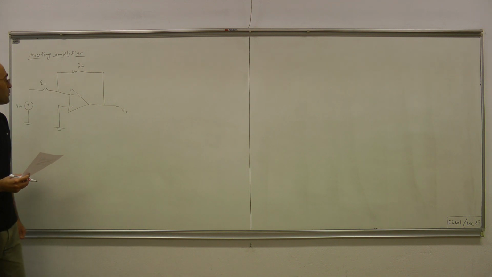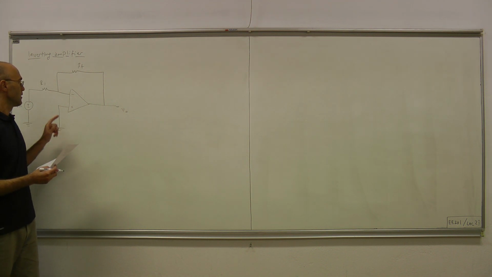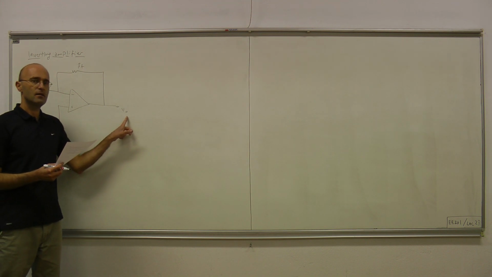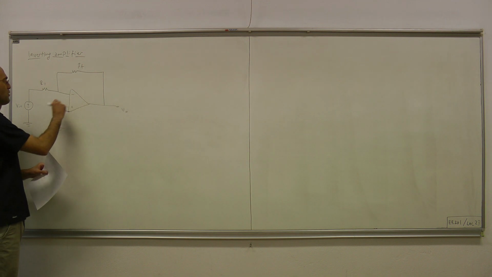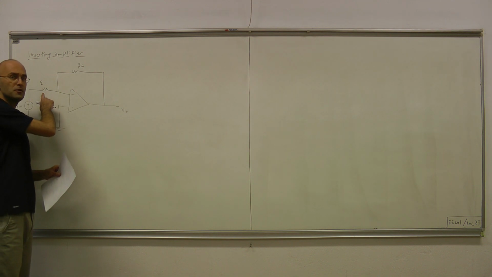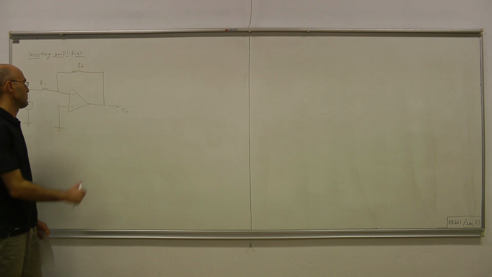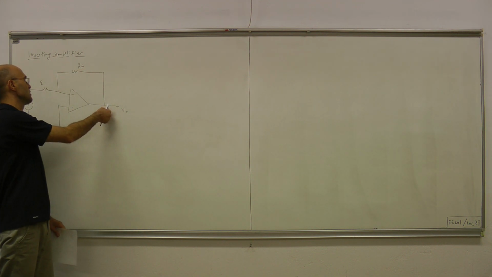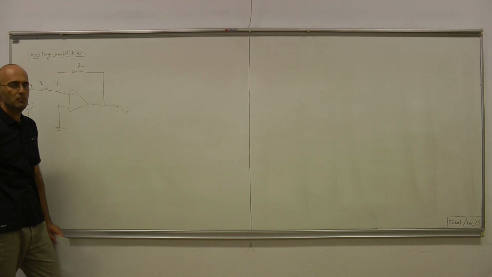Now, we'll try to figure out the relation between the input voltage here and the output voltage. Input is connected to the device through these two resistors, R1 and RF, and F is for feedback, because we're feeding the output information through this resistor back to one of the input terminals.